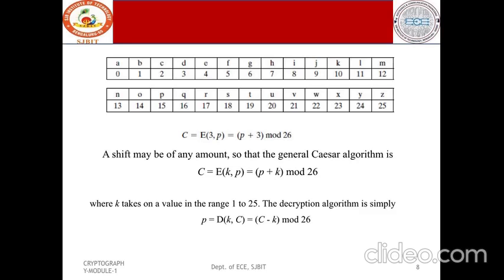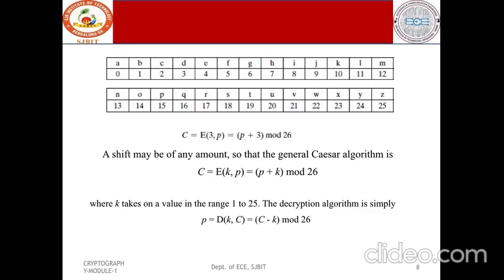A shift may be of any amount, so the general Caesar algorithm is C = E(K, P), that is, (P + K) mod 26, where K takes on a value in the range 1 to 25. The decryption algorithm can be written as P = D(K, C), that is, (C - K) mod 26.